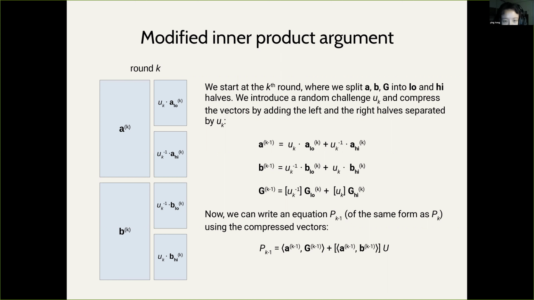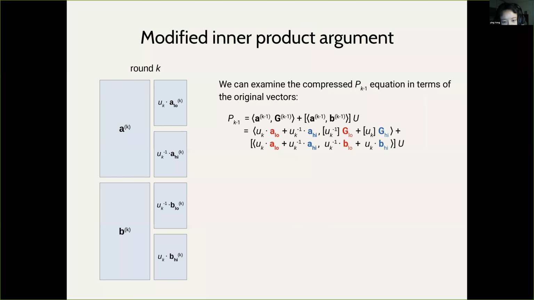So with these compressed vectors, what we can now do is write an equation PK minus 1 in terms of the compressed vectors. And the form of PK minus 1 is the same form as PK. But let's look at PK minus 1 more closely on the next slide.